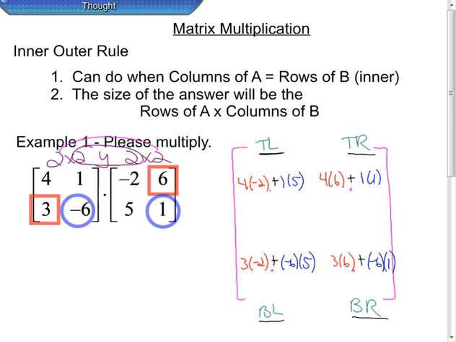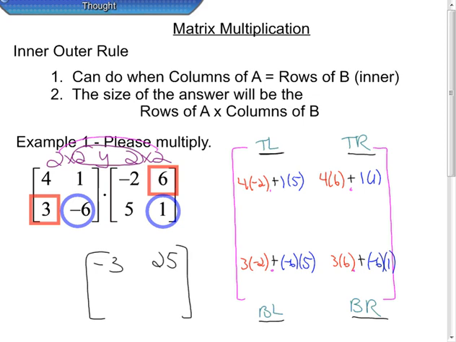Now, short of simplifying, that's really it. So I'm going to actually simplify now, simplify over here for the sake of space. And I'm going to get in the top left, negative 8 plus 5, which is negative 3. Then I'm going to get 24 plus 1 is 25 in the top right corner.